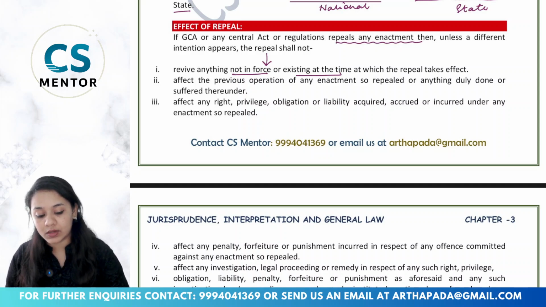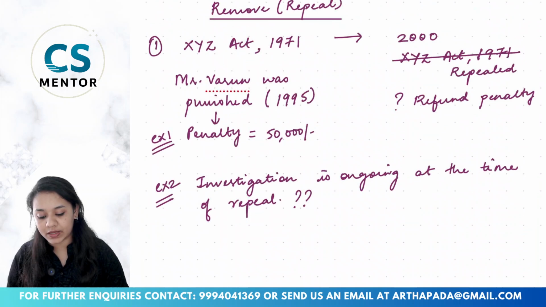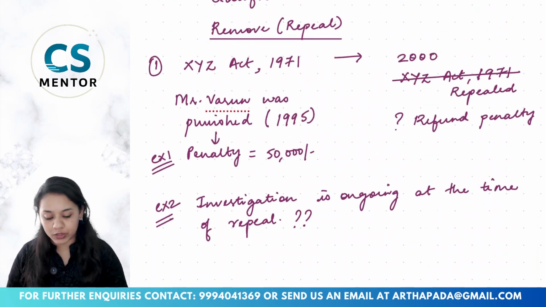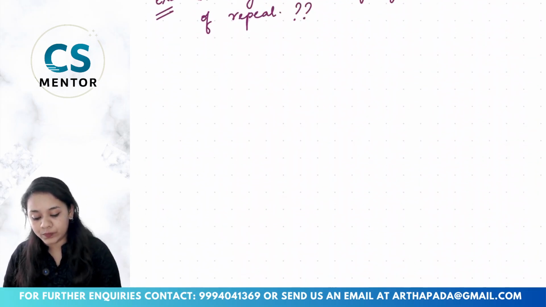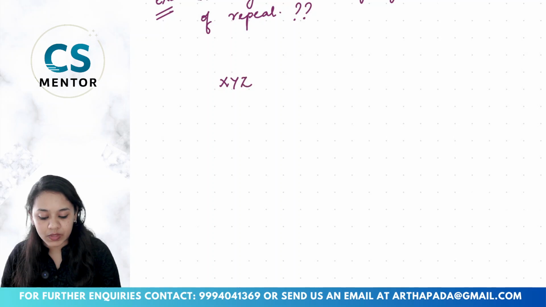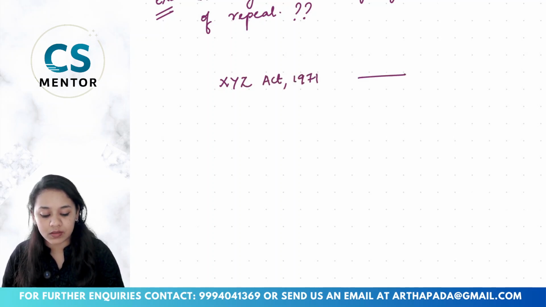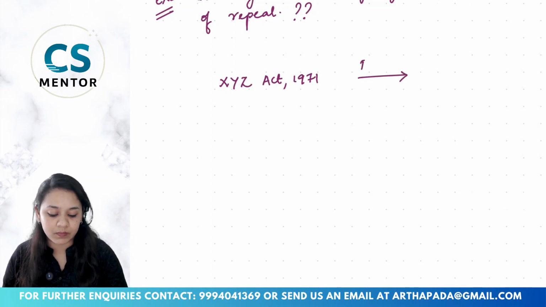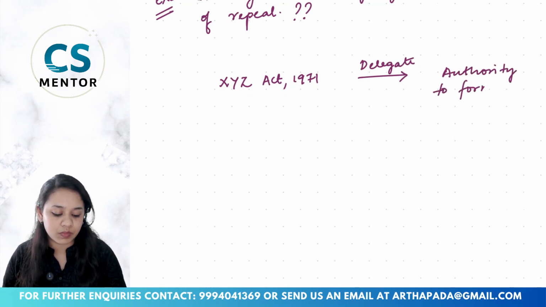What does this mean? Let's look at it this way. Let's say, for example, the same XYZ Act of 1971. Now, as you all already know, sometimes if there is an act of 1971, then the parliament can delegate the power to a certain authority to form rules.